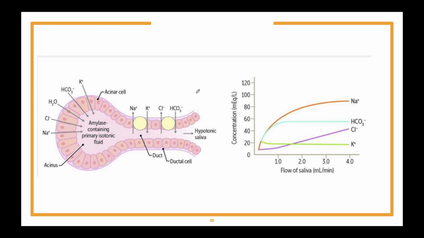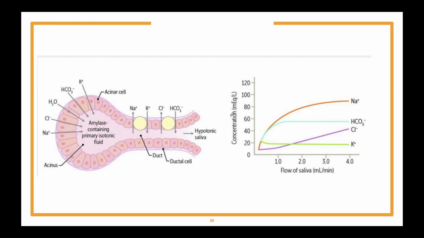So because the saliva is not spending as much time in contact with the cells in the duct, because the salivary flow is increased, you have less reabsorption of sodium and chloride and less secretion of potassium, okay? Thus, the salivary sodium and chloride increase and the potassium slightly decreases as the flow of saliva increases.